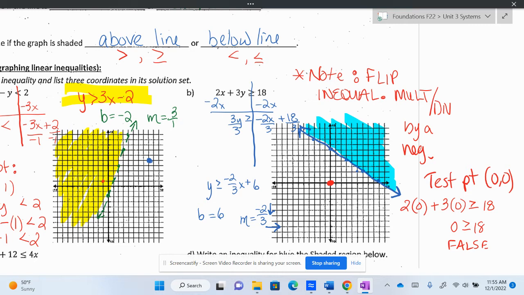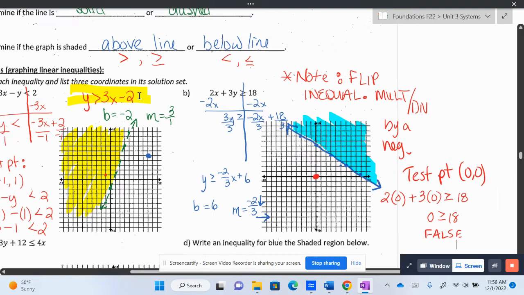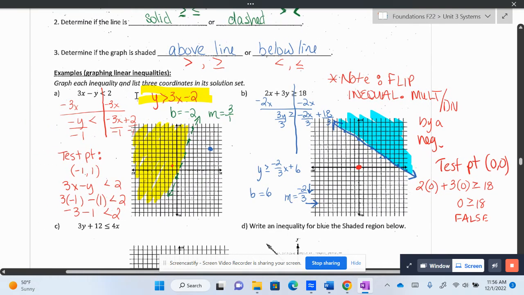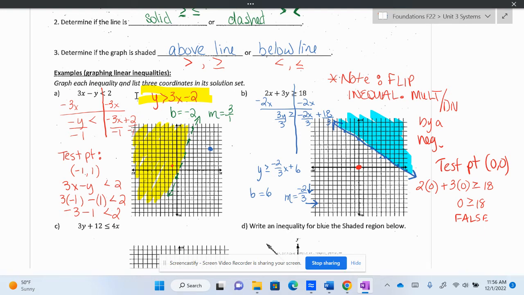I have a question. What if I chose the point 6, 2? If I chose the point 6, 2, is that going to be in the solution set or not? Who said yes? Why is it going to be in the solution set, Corbett? Is the point 6, 2 in the shaded area?